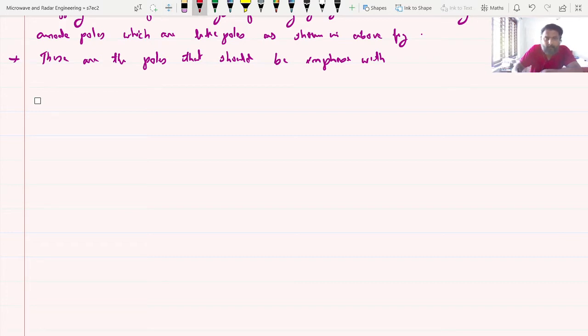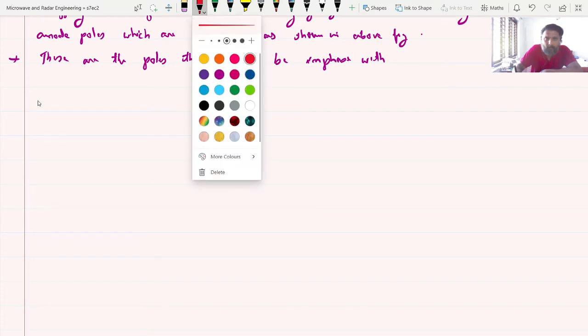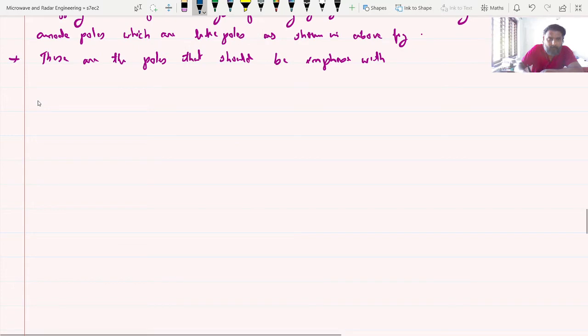So I will just start with the operating principle of the magnetron oscillator. I have already discussed this, but I will explain in a similar manner to what we came across with the reflex klystron oscillator.